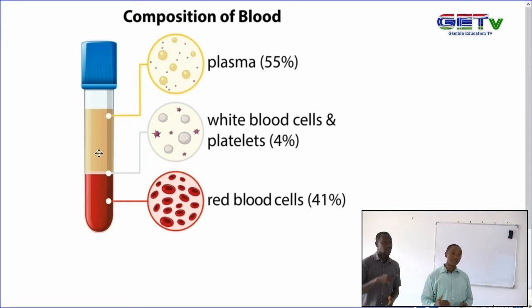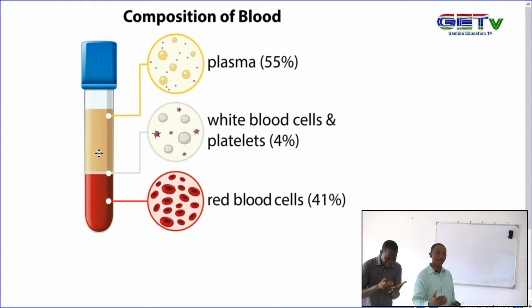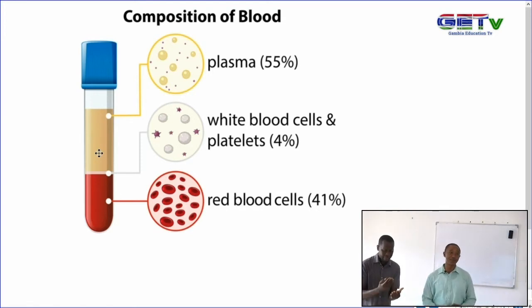The white blood cells are our defense mechanism. You have different types. There are those that go and eat other organisms like bacteria, and there are the ones that produce chemicals to neutralize the chemicals that germs like bacteria bring into our body. And finally, we have the red blood cells.